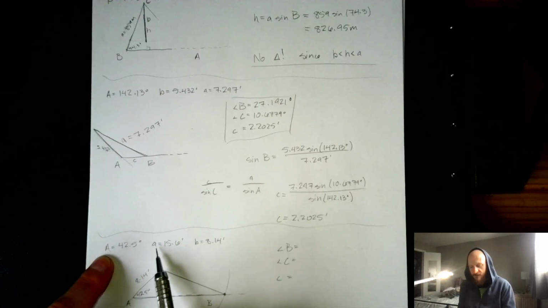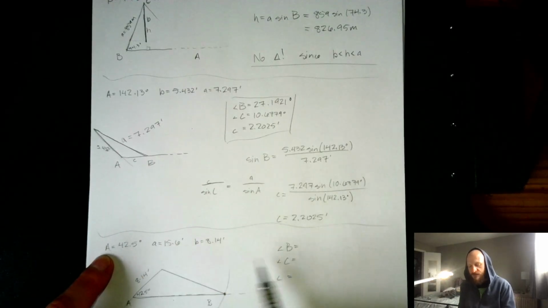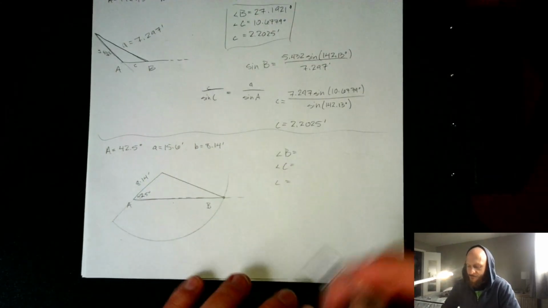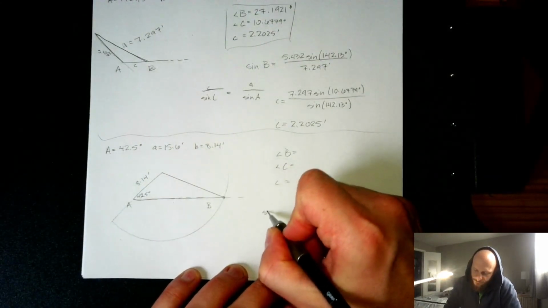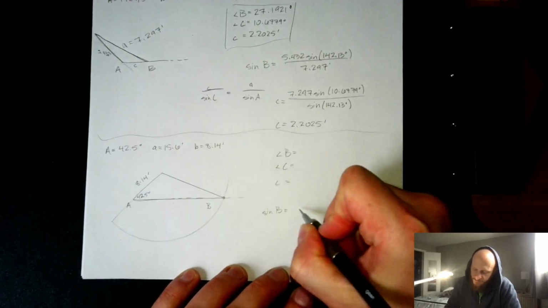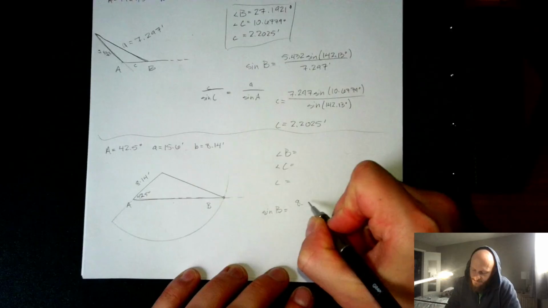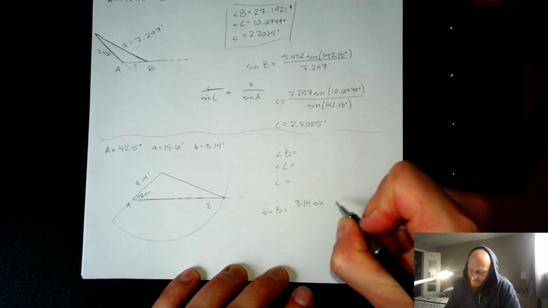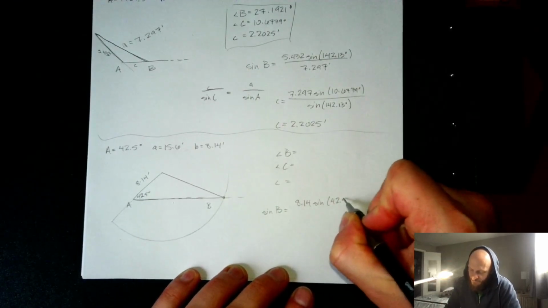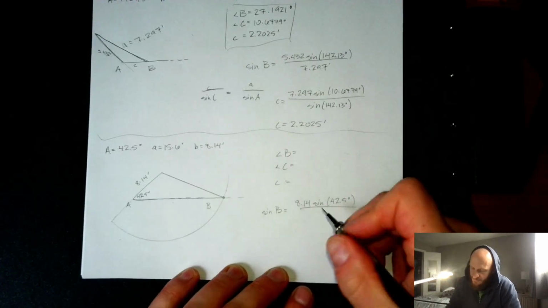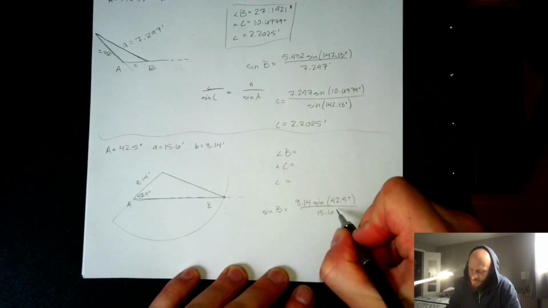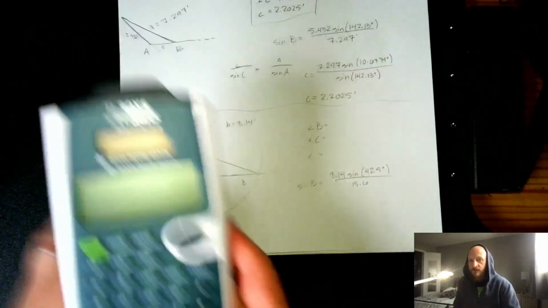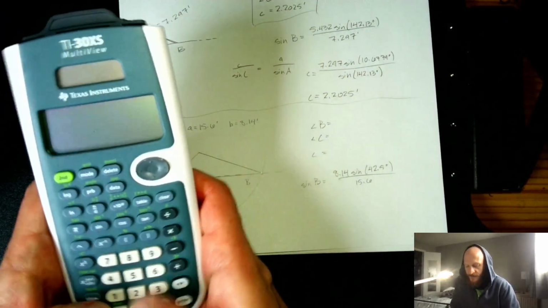We have angle A, we have side A, we have side B. We can use law of sines to find angle B. So in particular, sine of B must be side B, 8.14 times the sine of A, 42.5 degrees, divided by the side length A.